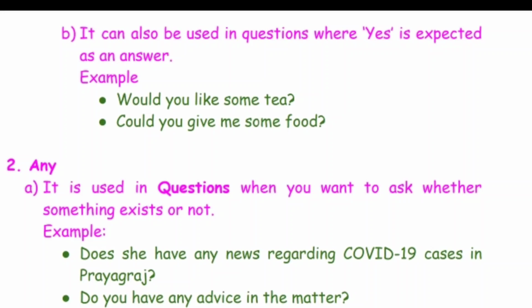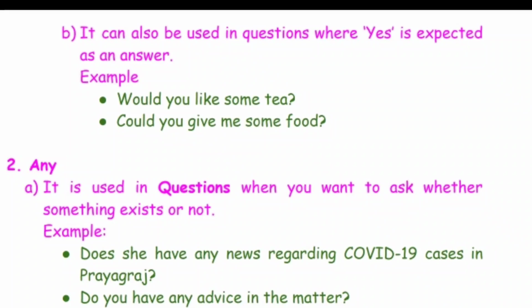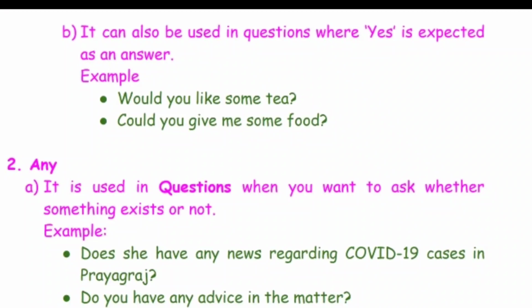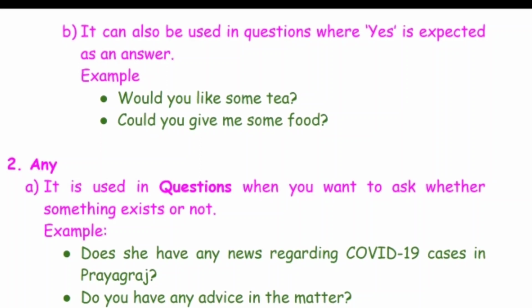After some, there is the use of any. So be very careful in the use of any. Any is used in questions when you want to ask whether something exists or not, meaning to get confirmation. For example, does she have any news regarding COVID-19 cases in Prayagraj?